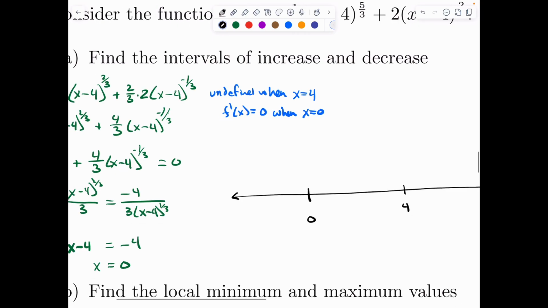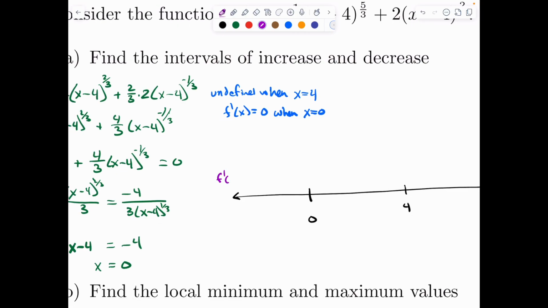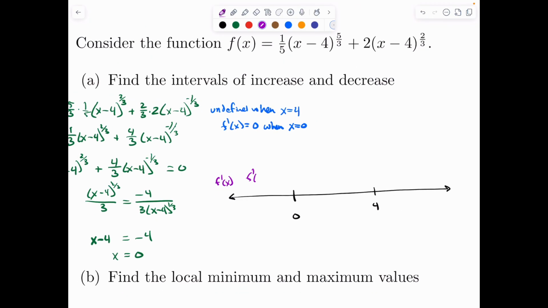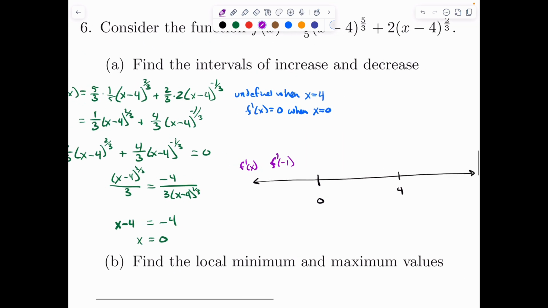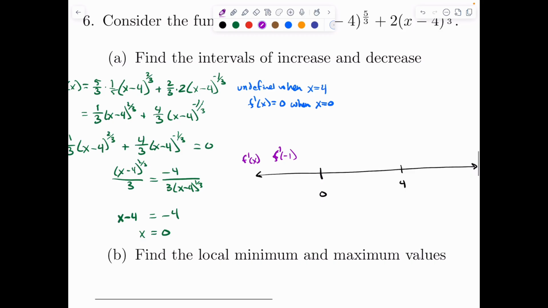So we're going to compute f prime right here. So f prime of, let's pick a number like negative 1. That'll do it, I think. Yeah, this one's harder than I thought. You know what? I need to rearrange my function. Hold on a sec. To make it a little bit easier.